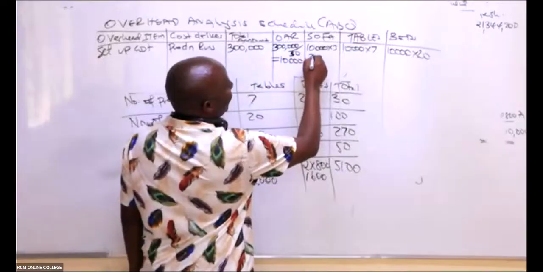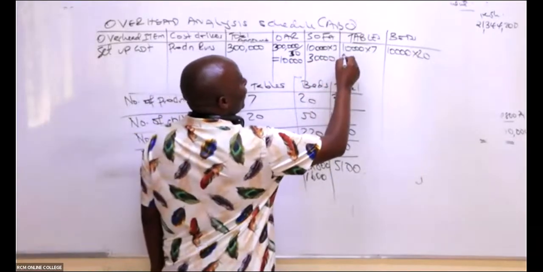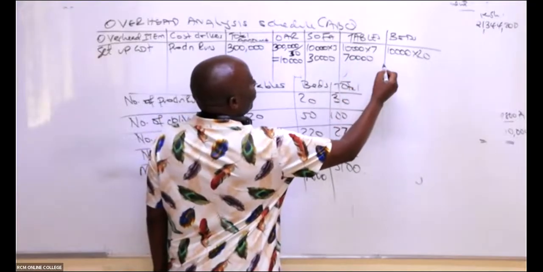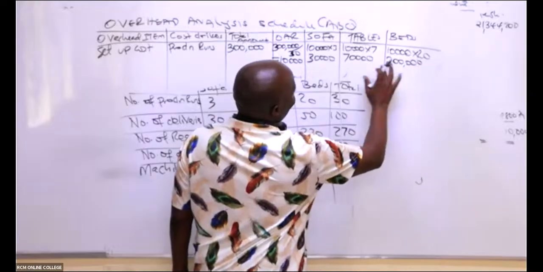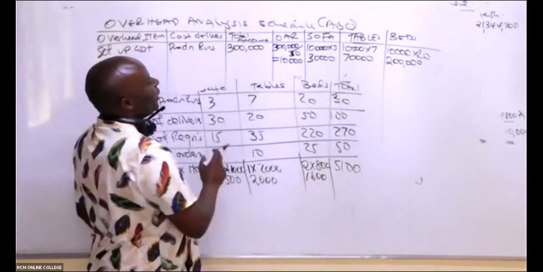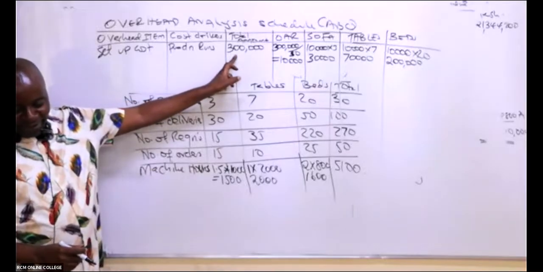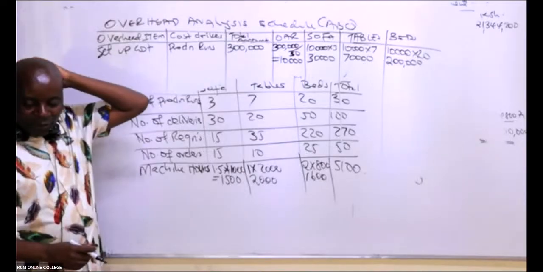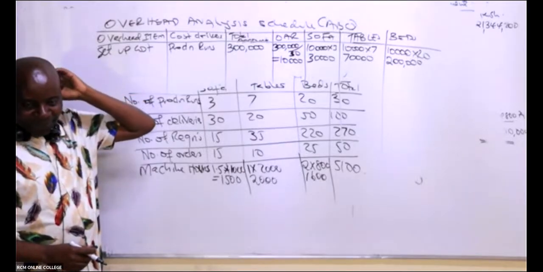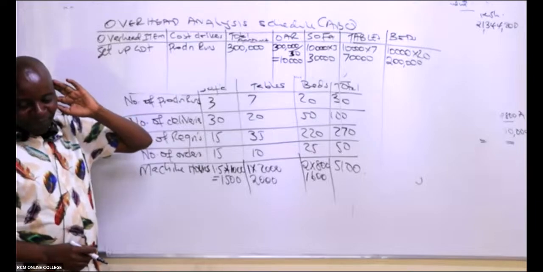So then this will be 30,000. This will be 70,000. This will be 200,000. And the three, if you add them, they must give you a total of 300,000. So is that okay?